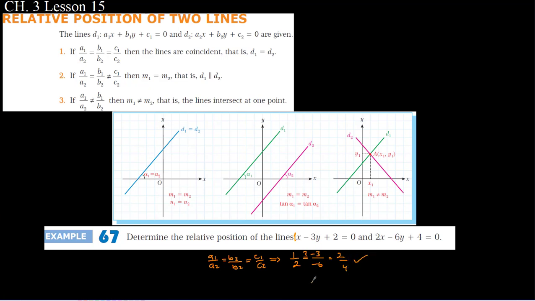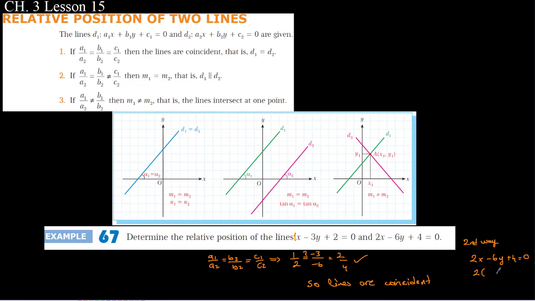Yes. So the lines are coincident. Lines are coincident, they have to be, or they are the same lines. Also you can do it another way. 2x minus 6y plus 4 is equal to 0.